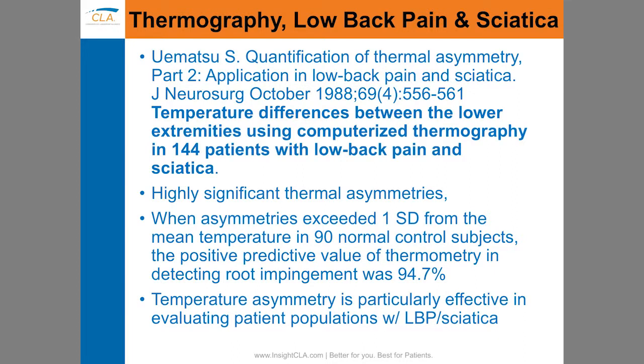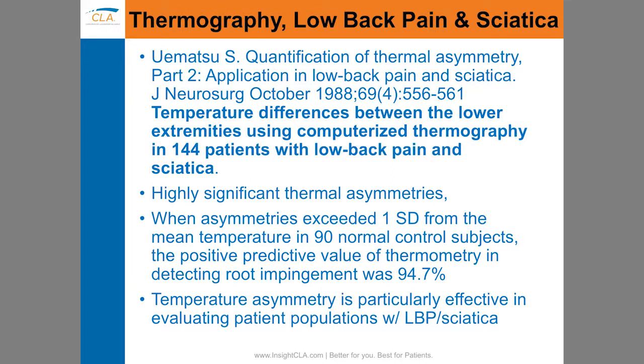Thermography, low back pain, and sciatica. Umatsu then took it to the next level. Again, they're looking through the medical lens here, but they did a part 2, and it was the application of low back pain and sciatica. And so you'll notice that they took, in this case, 144 patients who had the combination of low back pain and sciatica, and they noticed that there were highly significant thermal asymmetries. And you need to understand that those thermal asymmetries were associated primarily with vasoconstriction or cooling being noted on the pain-based side.